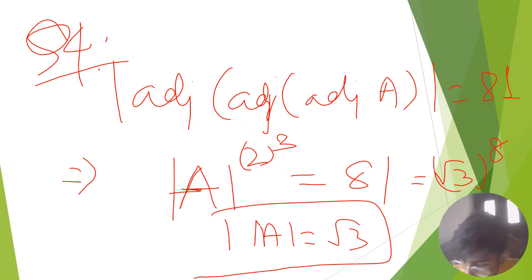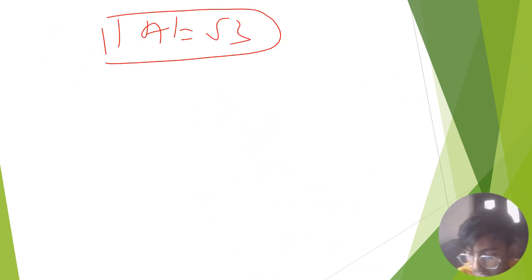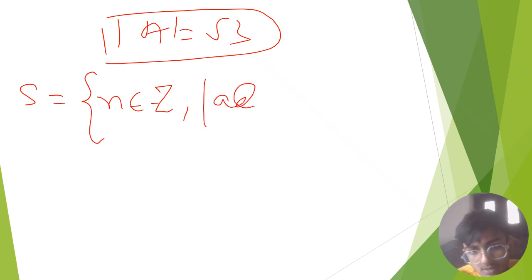Now talking about the next segment of this problem. First we'll write this and then proceed. It has been given in a sample space, or you can say a set, n belonging to integer, adjoint of.